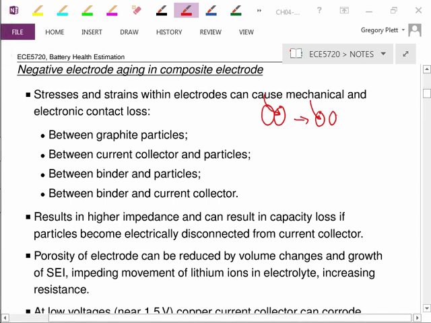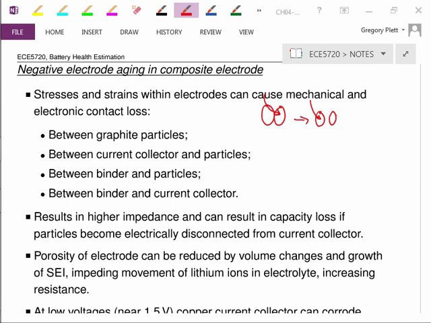And it's believed that a certain amount of these particles actually lose electrical contact with anything, and they're just kind of floating in space. And once I'm floating in space, that capacity, while it's still there, can't be accessed because I can't get an electron to it any longer.